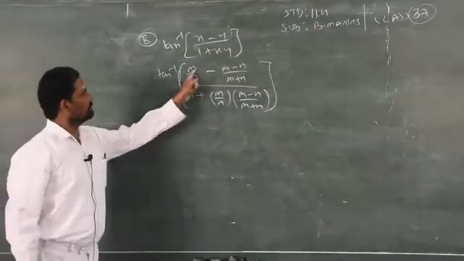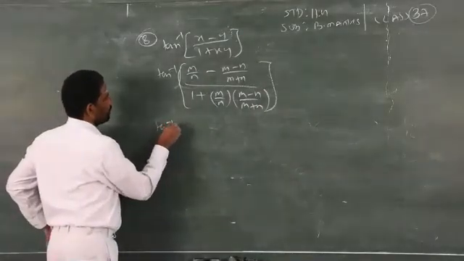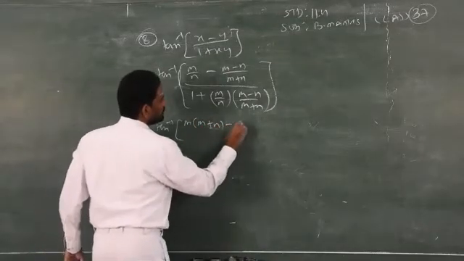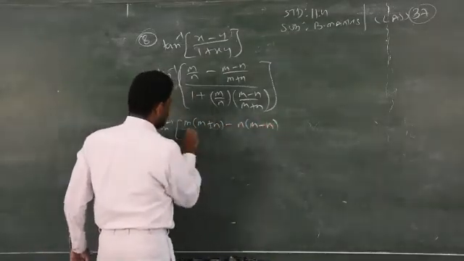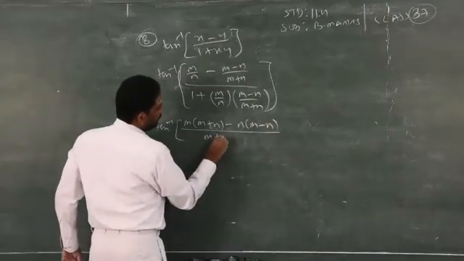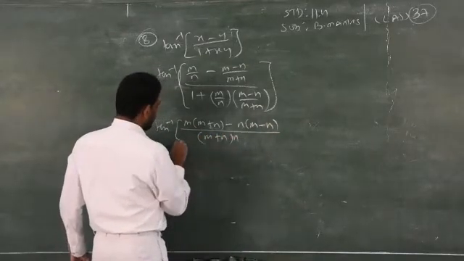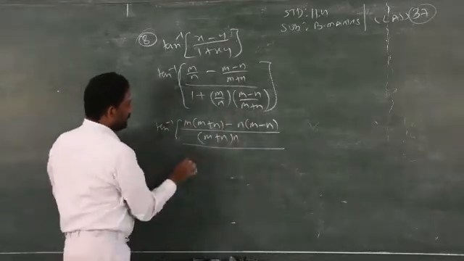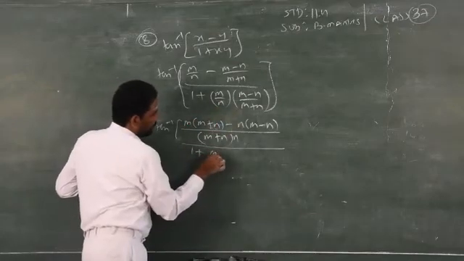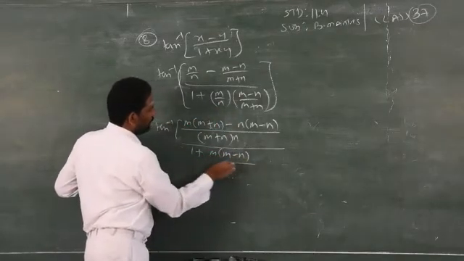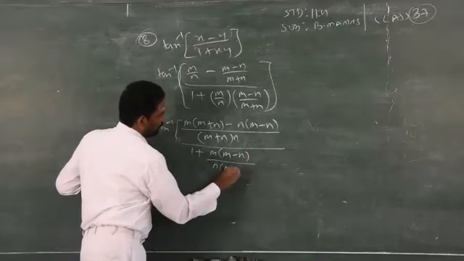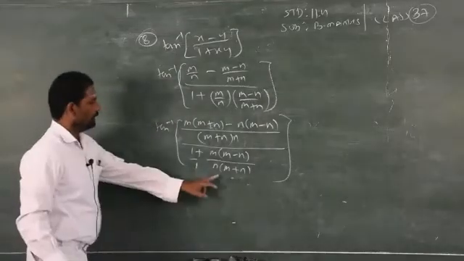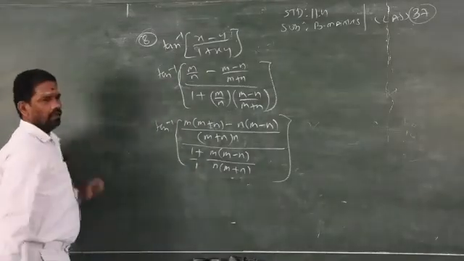Go for cross multiplication. The numerator is m into m plus n minus n into m minus n, by n into m plus n. The denominator is 1 plus m into m minus n by n into m plus n. Again apply cross multiplication.